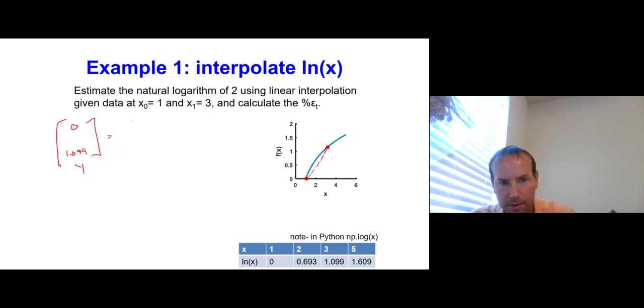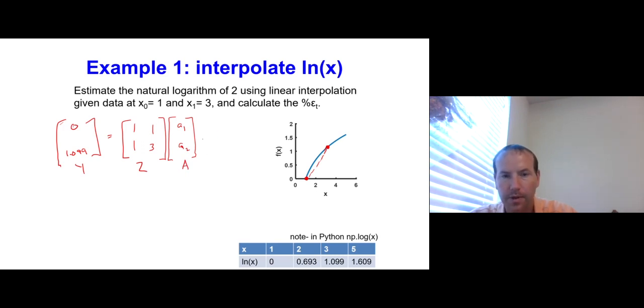And then this equals, we've got a z matrix that's always 1s in the first column, and then 1 and 3, because those are the x values that we had for those two points. And then finally A1 and A2 in our A matrix.